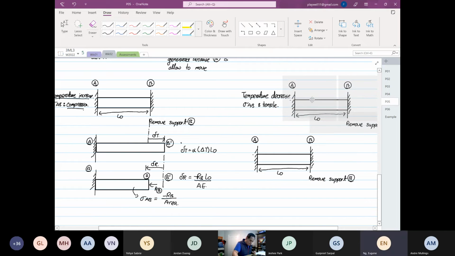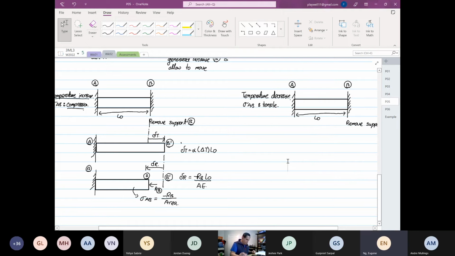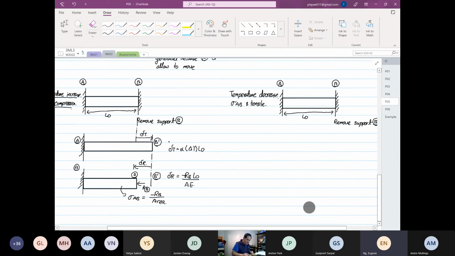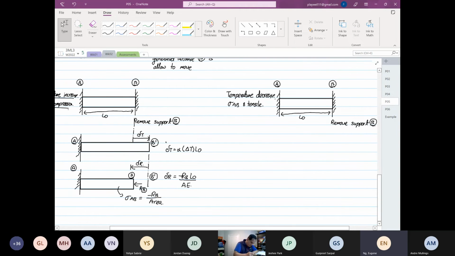So now we remove the support at point B. We do the same thing, exactly the same thing. Point A is still there. When we start to remove the support at point B, because it's cold, it contracts. The change in length gets smaller now.